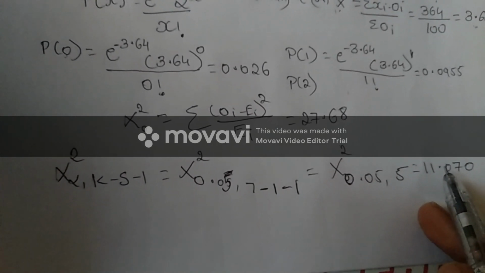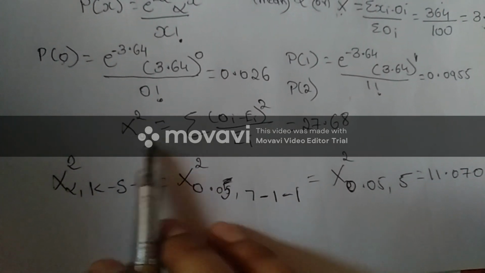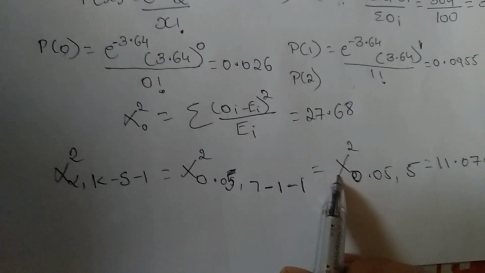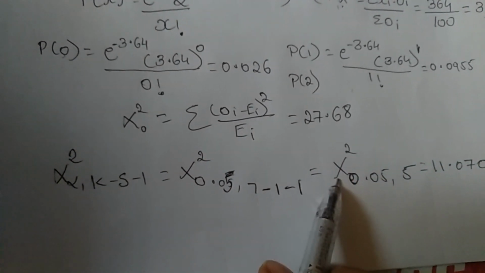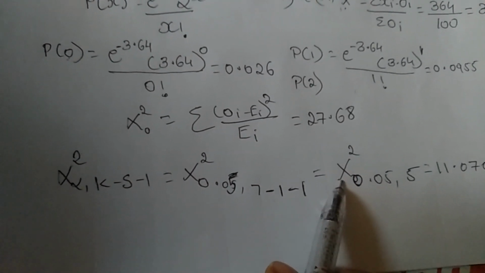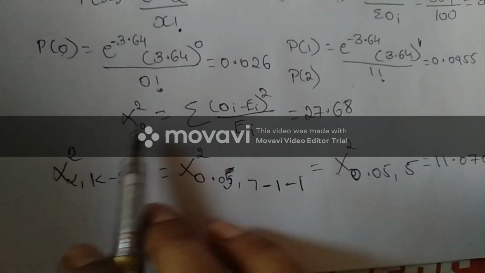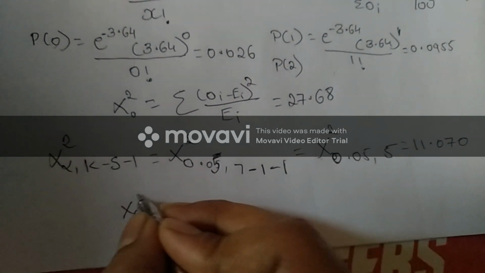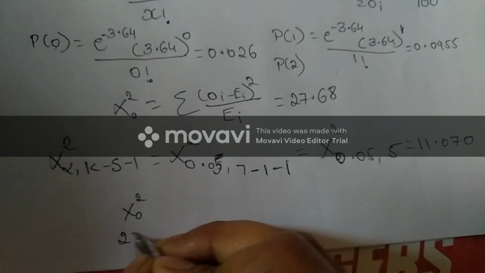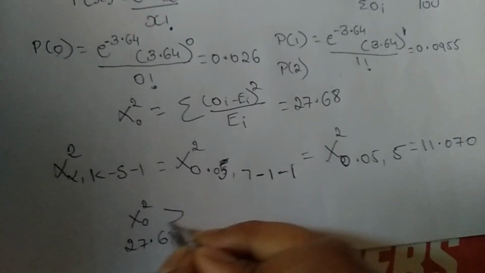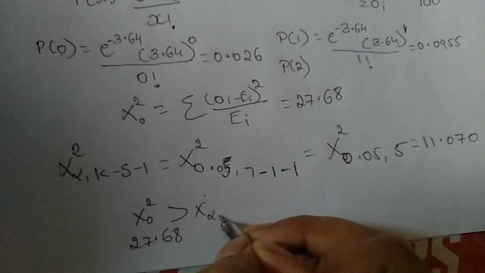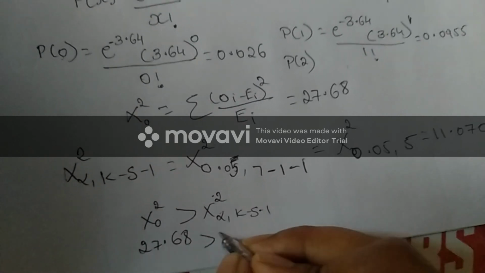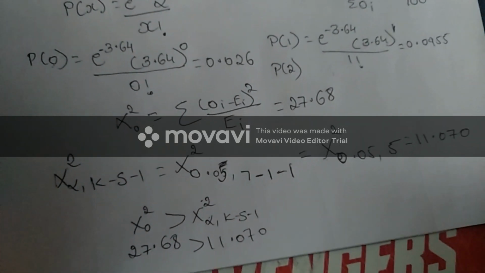Now what you have to do is check whether x square is greater than x alpha or less than x alpha. If x square is less than x alpha, then you accept the hypothesis. If x square is greater than x alpha, then you reject the hypothesis. See here, x naught square, that is 27.68, is greater than x alpha with k minus s minus 1 at your level of significance, 11.070.